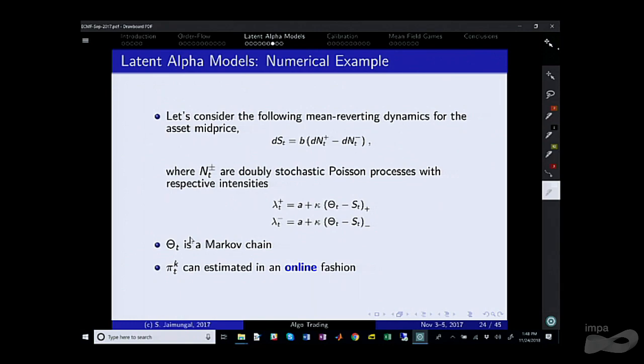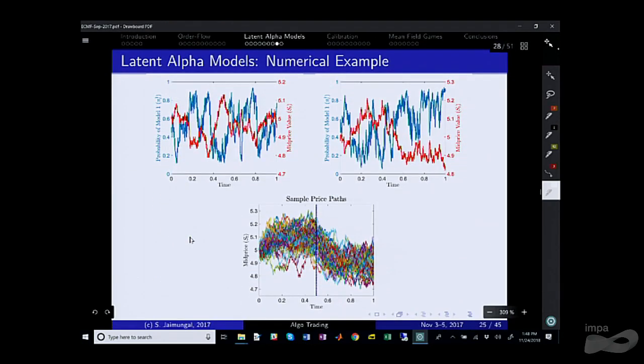But the prices all live on a grid because it's n plus minus n minus. If s is currently above theta, there are more down jumps. And if s is below theta, there are more up jumps. But theta can move. So this is the simple example. We can estimate pi online, etc.